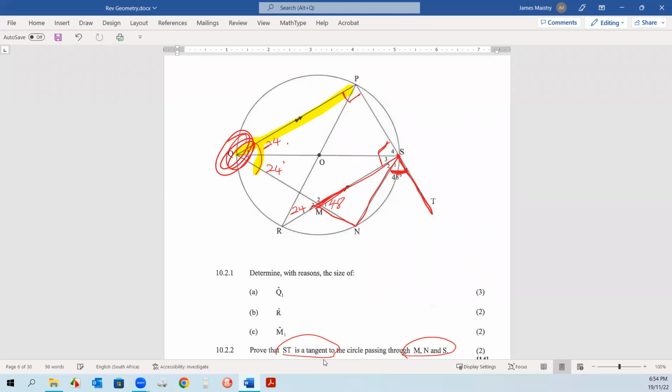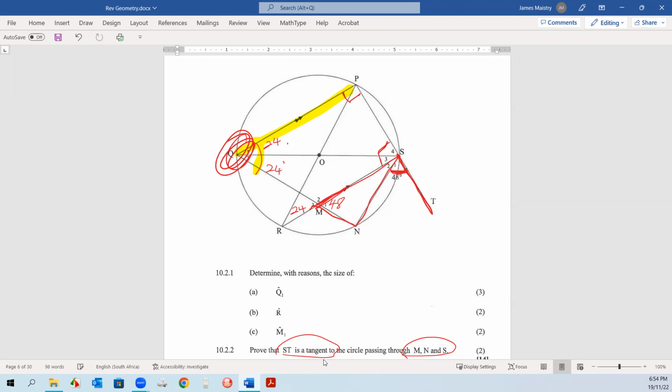That means if S1 is equal to M1, that is now showing you that the angle between the tangent, the chord, and this line ST is equal to the angle produced by that chord. So that means we are basically using the converse of the tan chord theorem. So if ST was a tangent, I must be able to show that S1 is equal to M1.